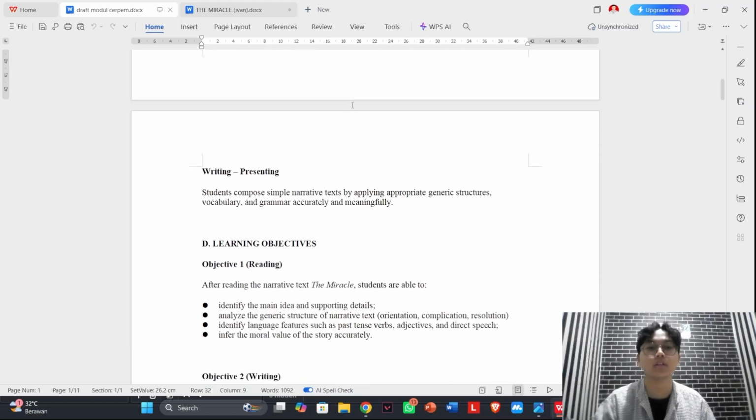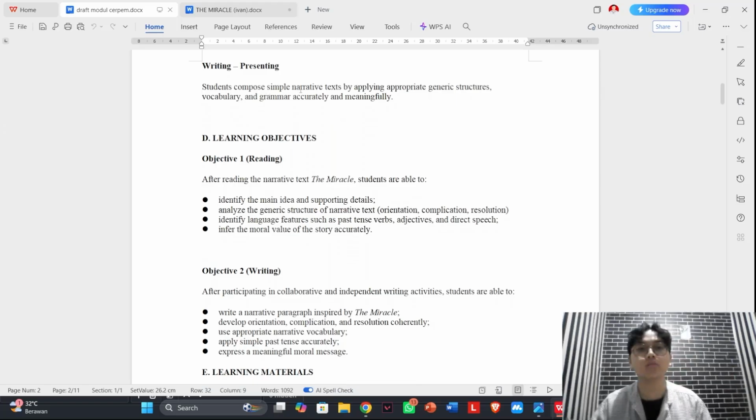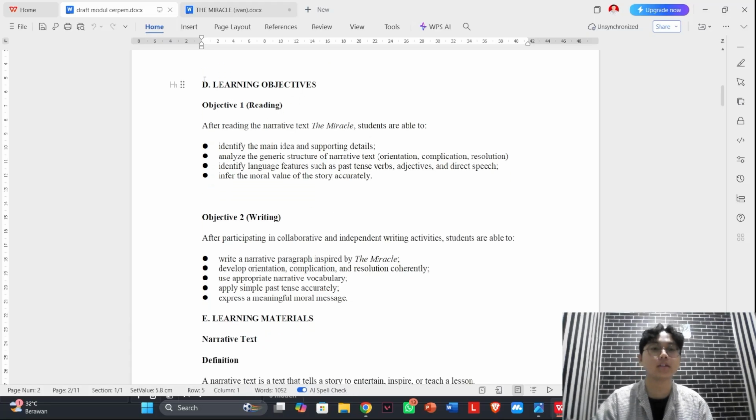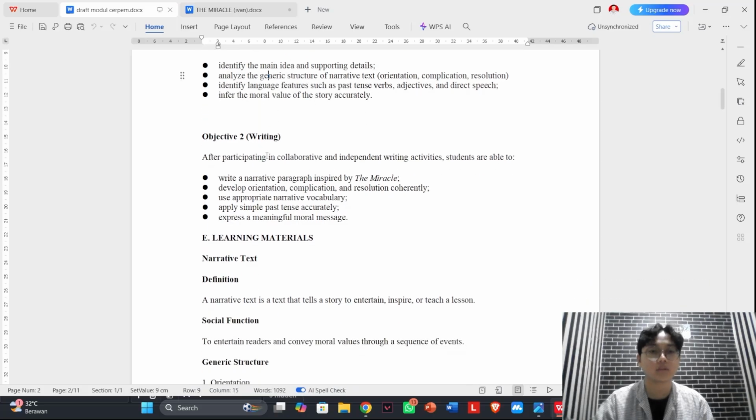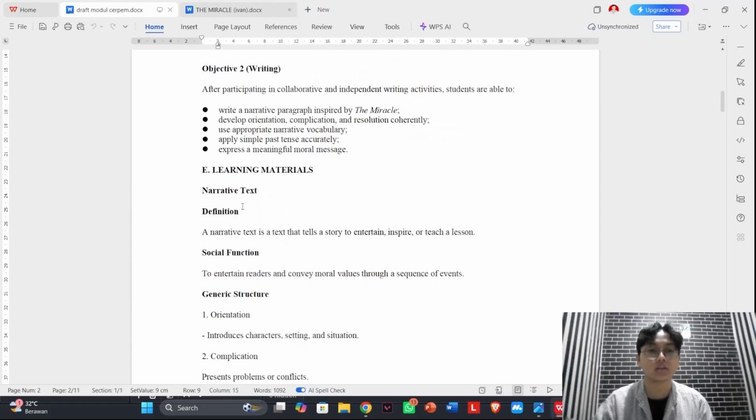And in writing, students compose a simple narrative text by applying appropriate generic structure, vocabulary, and grammar accurately. And then this is the learning objective for reading and writing.